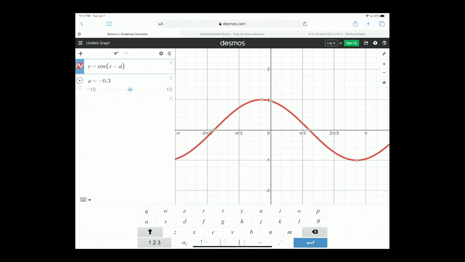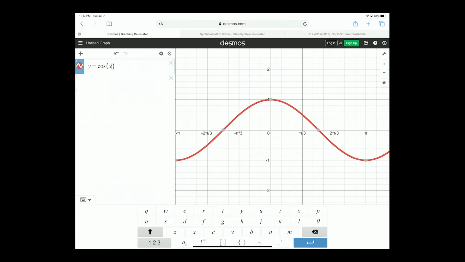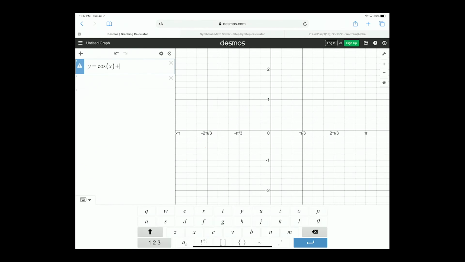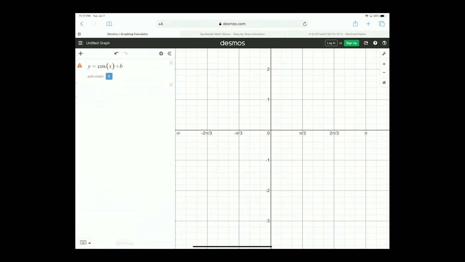Okay, so go back to my Desmos graph. I'm going to get rid of this. Delete, delete, delete. So if I go, what do I want? A plus? How do I get a plus? Plus and lowercase b, because that's what's easy. Add slider. Right?